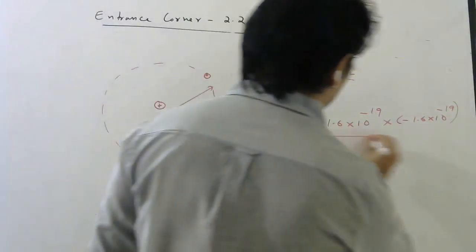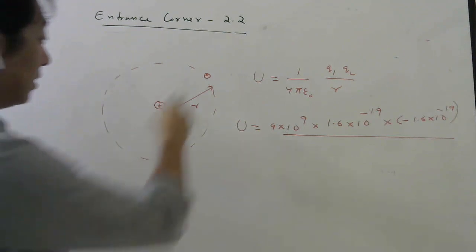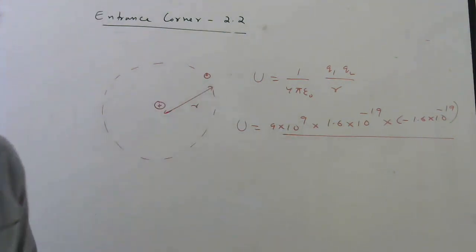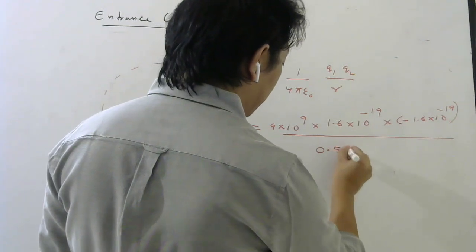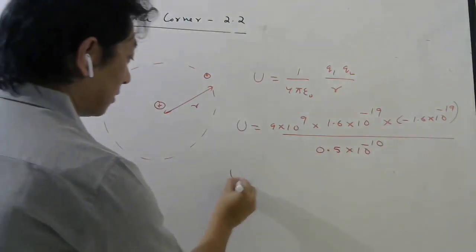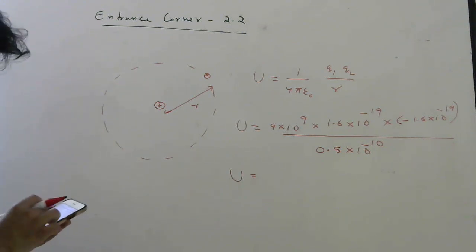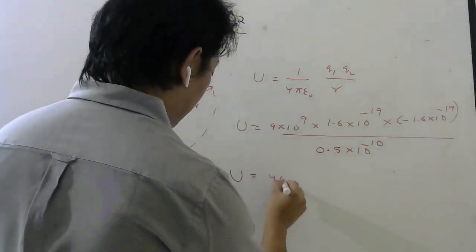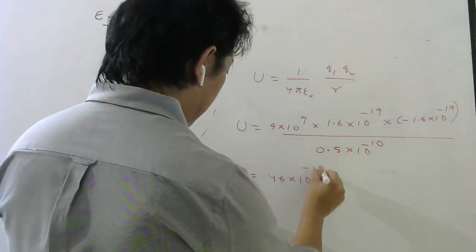But here you have to remember the magnitude itself is negative. And what is the distance between the charges? It is the radius of the orbit, which they told is 0.5 angstrom, means 10 to the power minus 10. Right students? Okay. So if you do this calculation, you will get an option which is close to, let me see how much I got, 46 approximately into 10 power minus 19 joules.